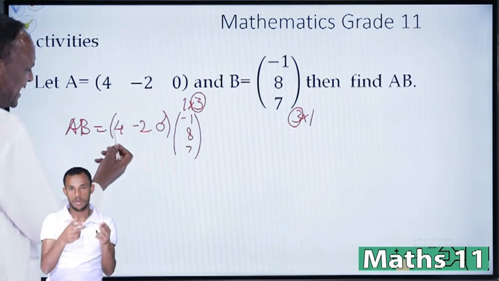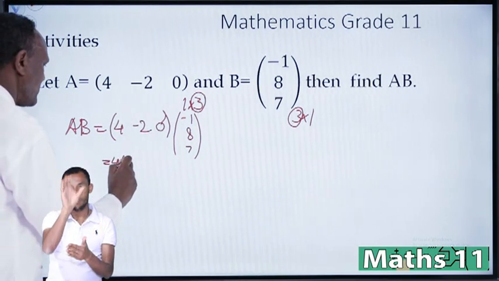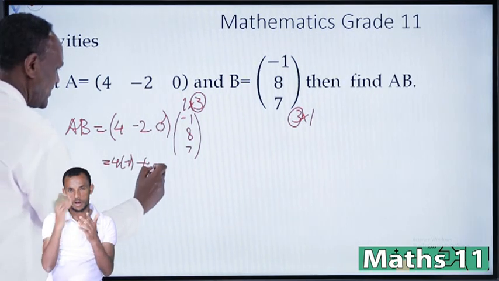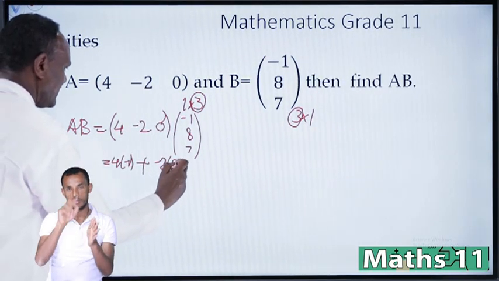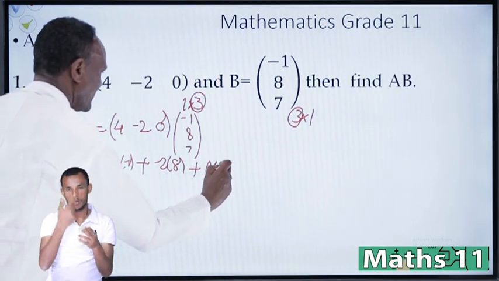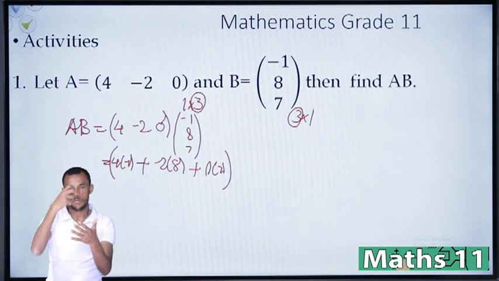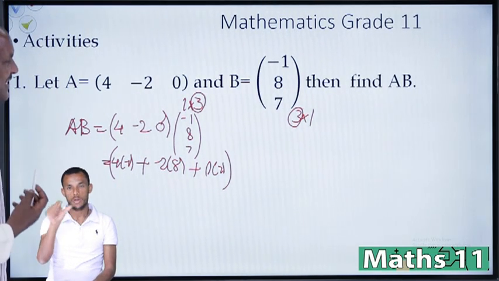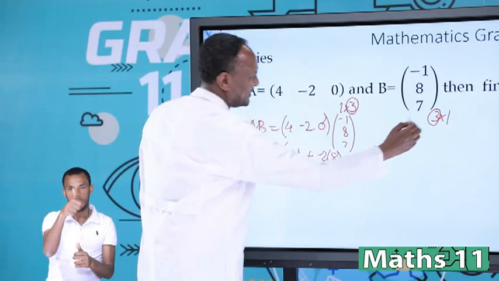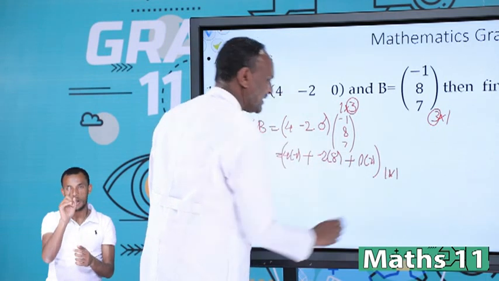Multiply the first element of the row by the first element of the column: 4 multiplied by -1, plus the second element by the second one, -2 times 8, plus the third element by the third one, 0 multiplied by 7. This sum gives the product of the two matrices. What will be the size? The first matrix A has row 1, the second matrix has column 1. It will be a 1 by 1 matrix.